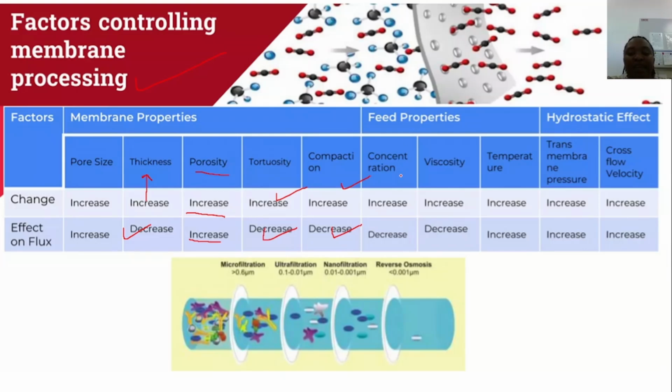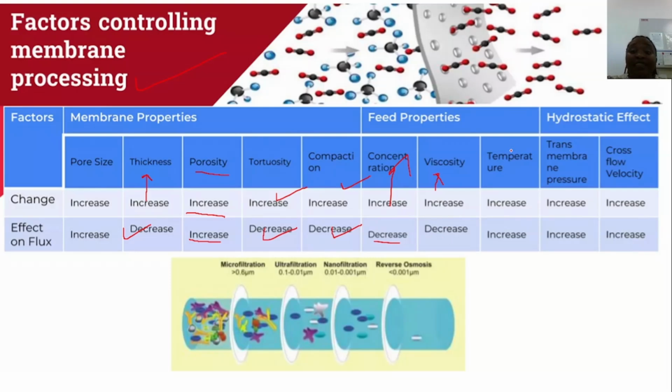Now for feed properties, if you increase the concentration of the feed that you are passing through the membrane, you decrease the flux. Then if you increase the viscosity of your feed, you decrease the flux.